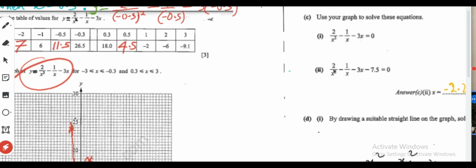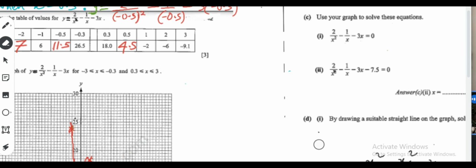Remember what you plotted. Just make sure what you plotted is exactly what is written here, because it must be exactly that first before you do all that you are trying to do. So what do you do? Does that not mean y equals 0?